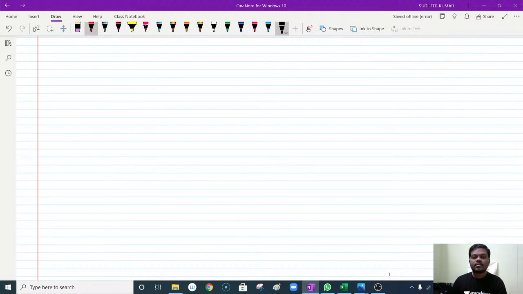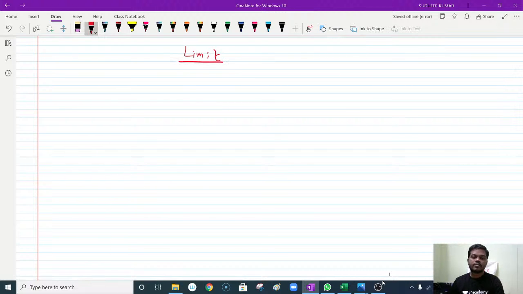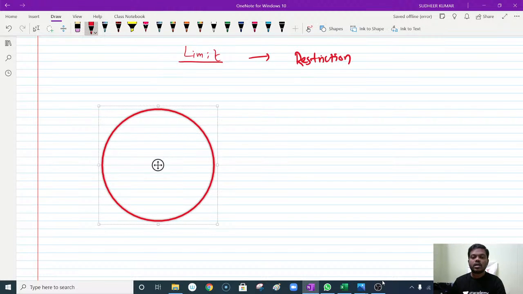So what is a limit? Can you recall what a limit is? Usually limit in the sense means a restriction. Suppose let us take a circle and take polygons.